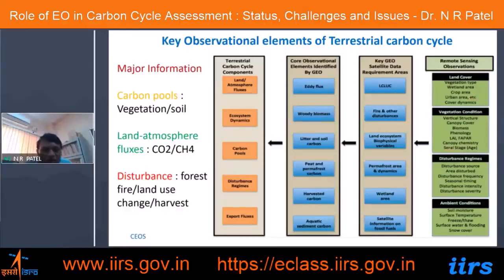Likewise, ecosystem dynamics we can also monitor. Carbon pools, mainly litter and soil carbon, and vegetation biomass carbon. There are many satellites like Landsat, Sentinel, and also LIDAR. Now LIDAR has the ability to correctly provide the stand height.